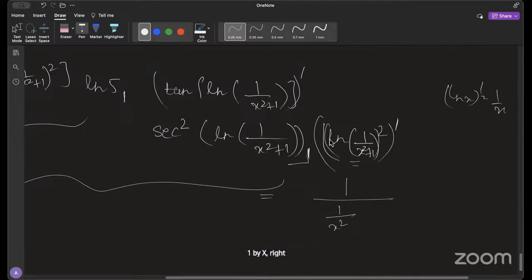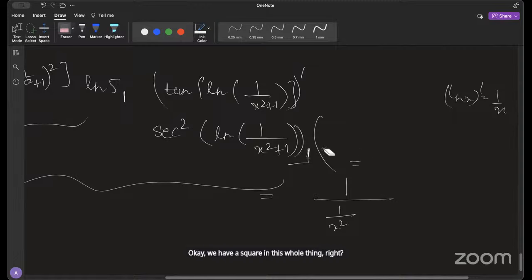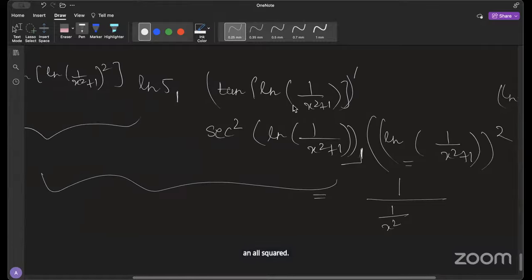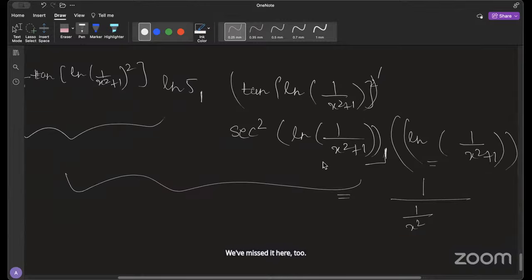Okay, we have a square in this whole thing. Let me just write it down properly. This thing is natural log of 1 by x squared plus 1, and the whole thing squared. We missed it here too, and we've missed it here too.